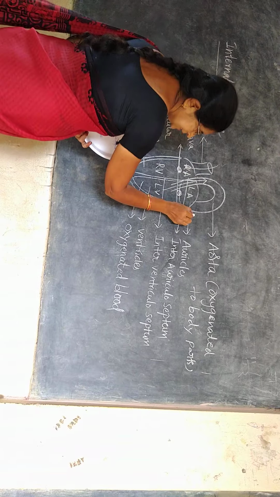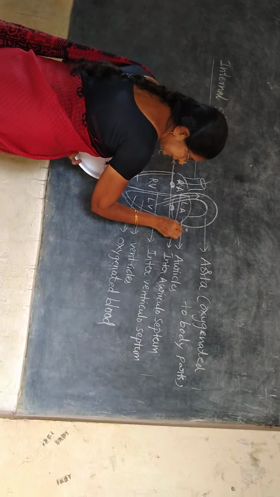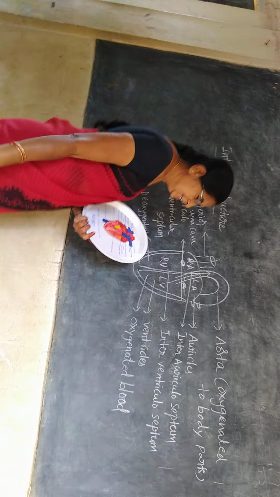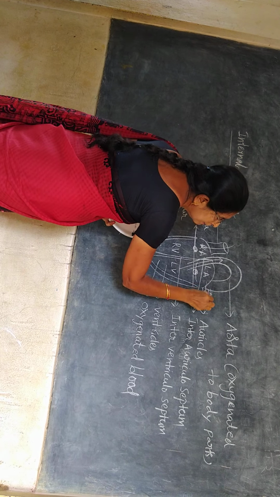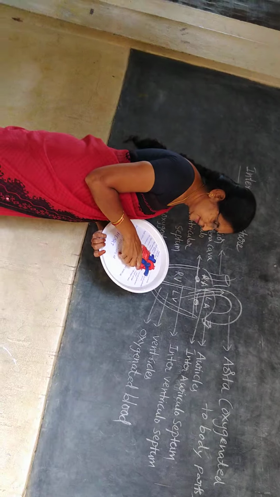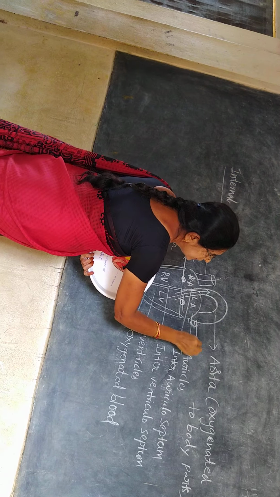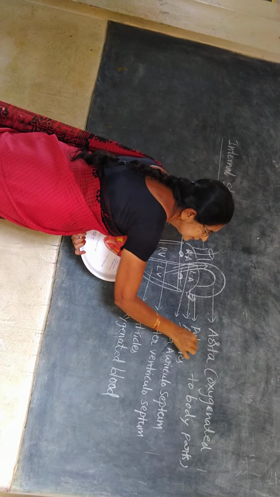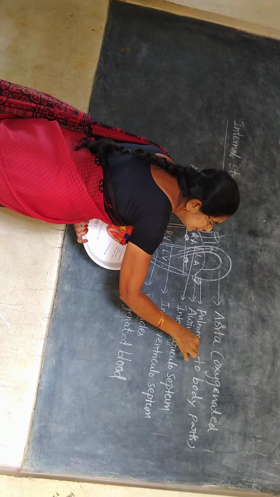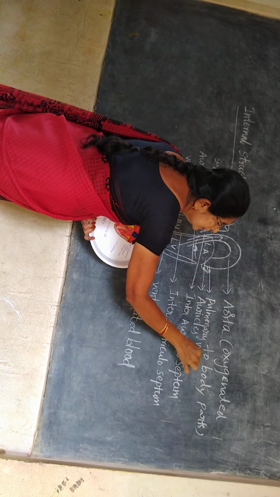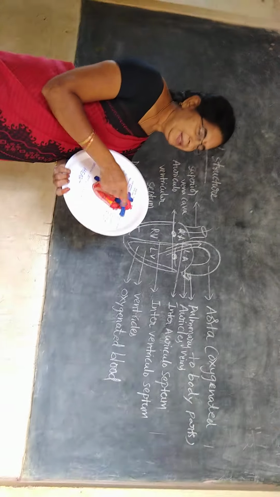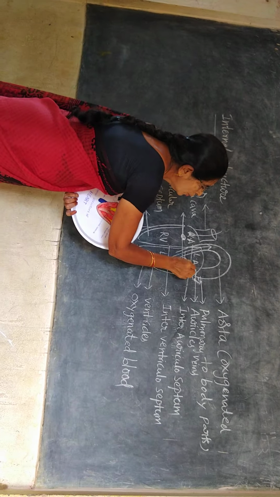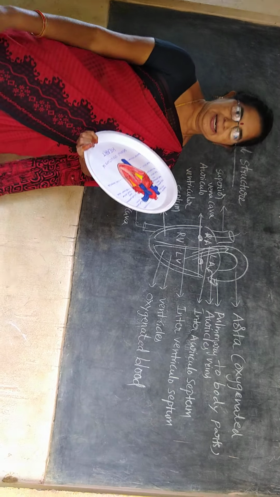If you observe here, there are two veins that are the pulmonary veins. These pulmonary veins will collect oxygenated blood from the lungs and it will open into the left auricle.